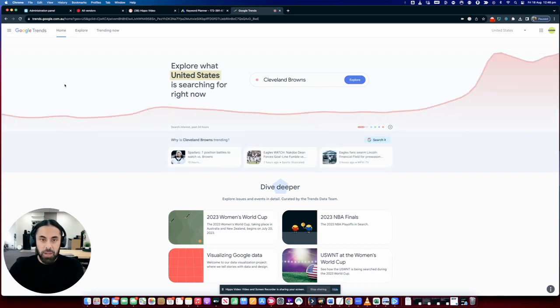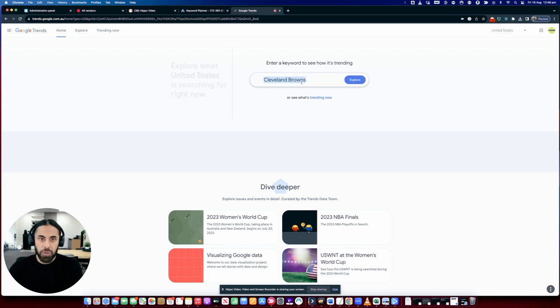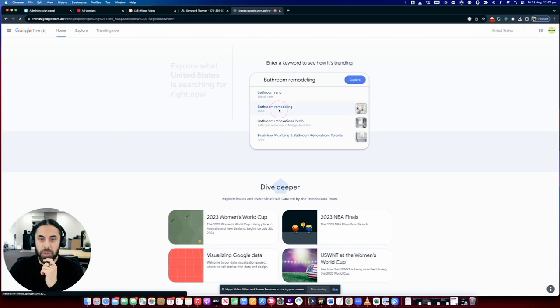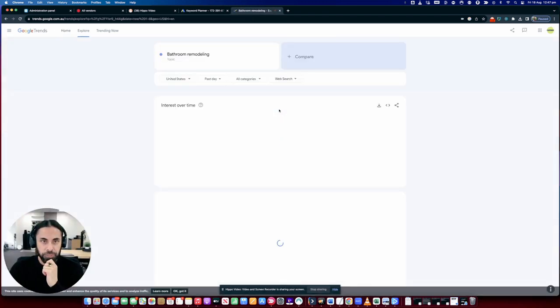So I would come here and say, okay, I'm looking for, in this case, bathroom renovation or remodeling, depending on what Google's already telling me. As you can see, Google is suggesting remodeling there. So I can see here bathroom remodeling is the way Google's suggesting that I look at this.